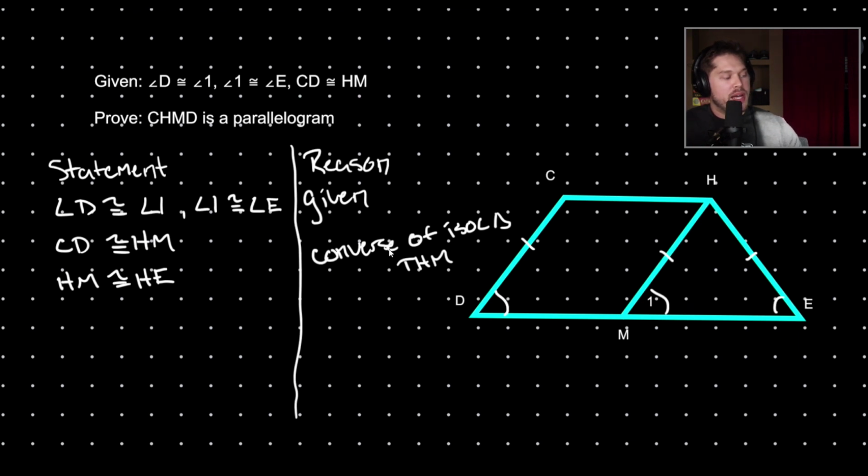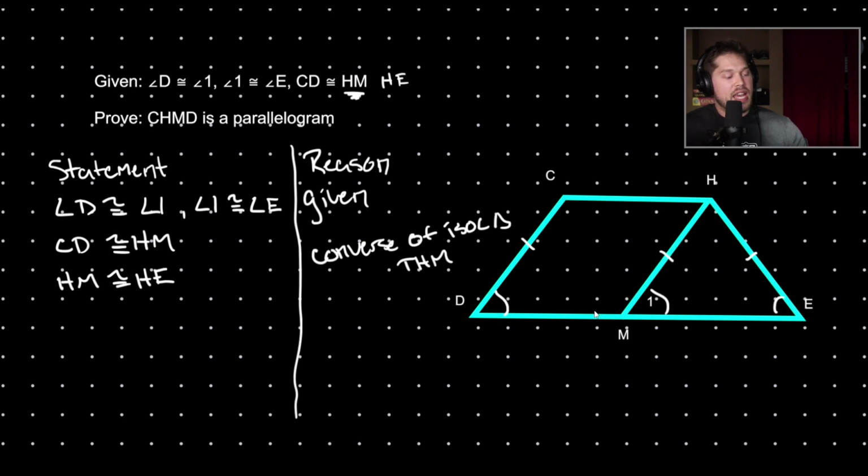You know what I imagine? I imagine this given, I accidentally made this problem too easy for us all. In the given, I typed HM. I meant to make it HE so that it would be a little bit harder. But we are actually already told that CD and HM are congruent with one another.